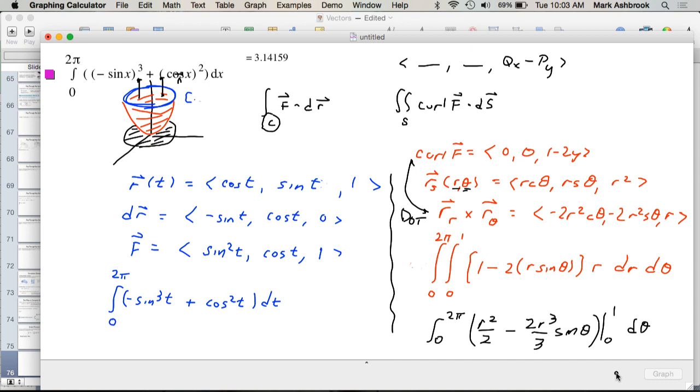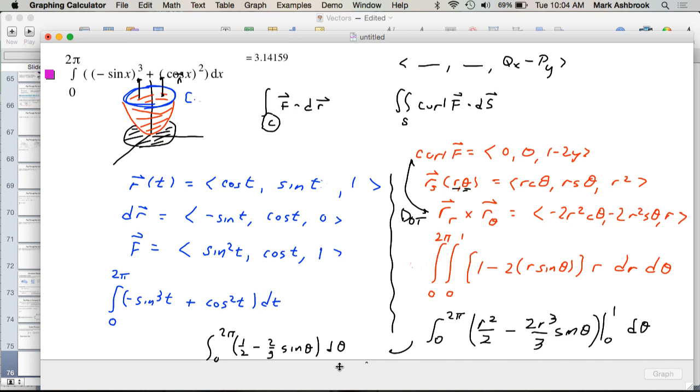So then I'm going to plug in 1 and 0, and I'm going to get just 1/2 minus 2/3 sine theta. So 0 to 2 pi of 1/2 minus 2/3 sine theta d theta.